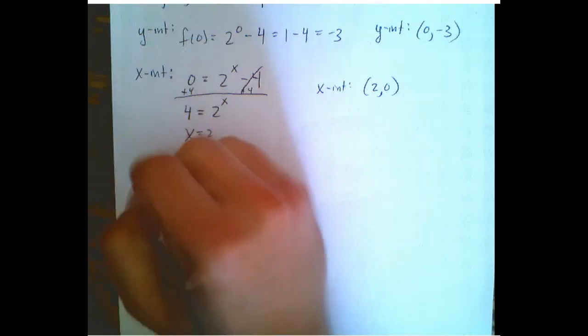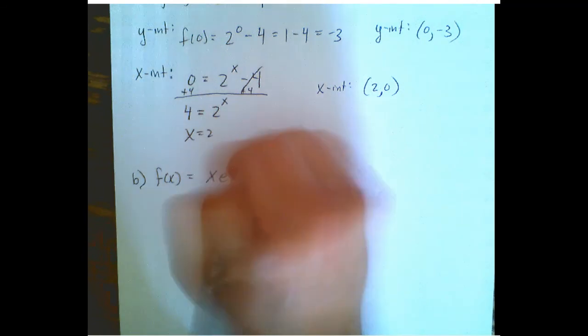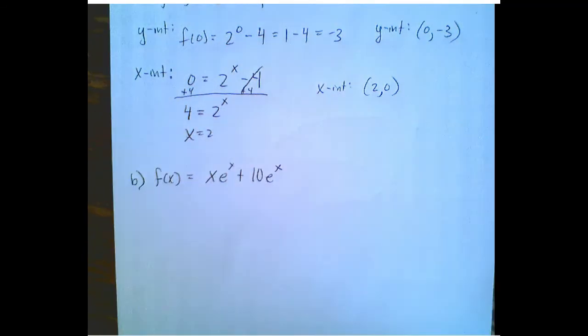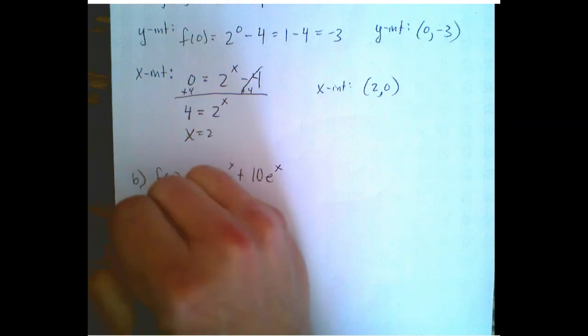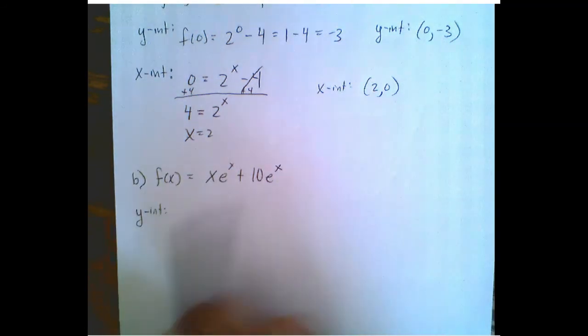B, how about f of x equals x e to the x plus 10 e to the x. We're going to find our x and y intercepts here. The y-intercept should be simple. It is found by plugging in 0 for x.